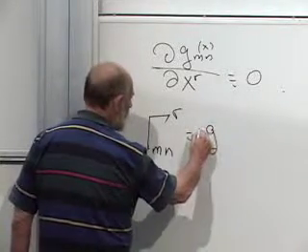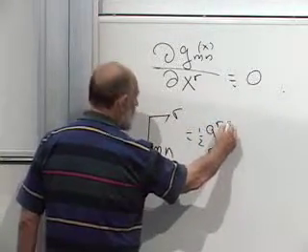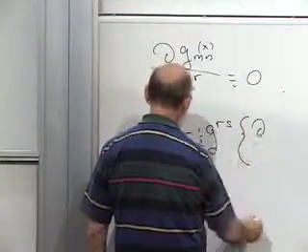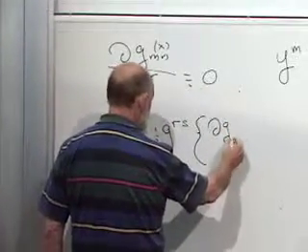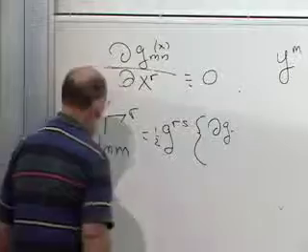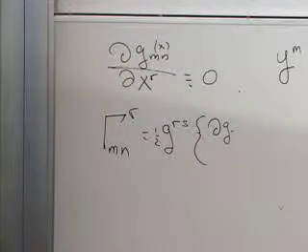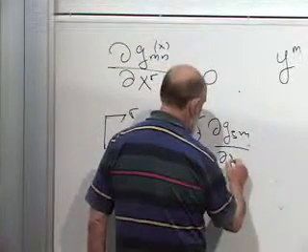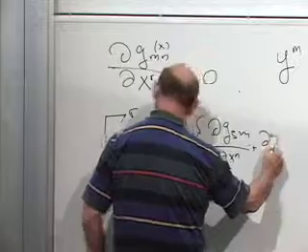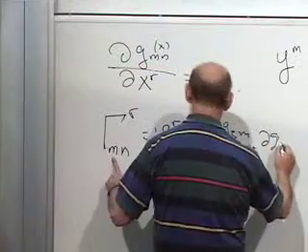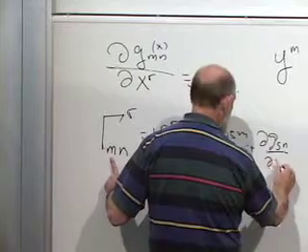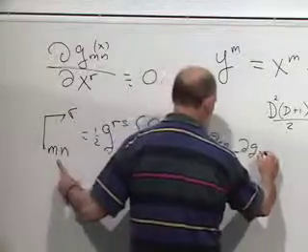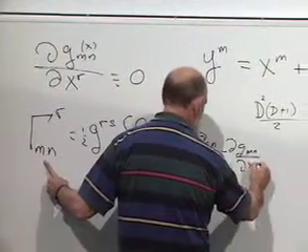Let me write them down for you again. 1/2 g^{rs} times the derivative of g_sm with respect to x^n plus the derivative of g_sn with respect to x^m minus the last one, the derivative of g_mn with respect to x^s. This is the Christoffel symbols.